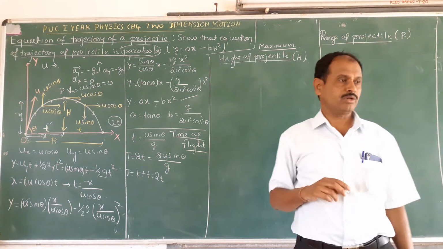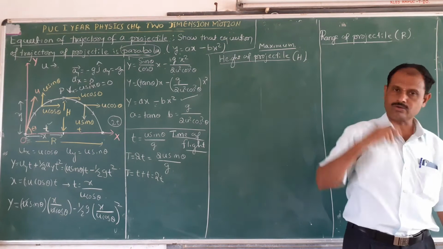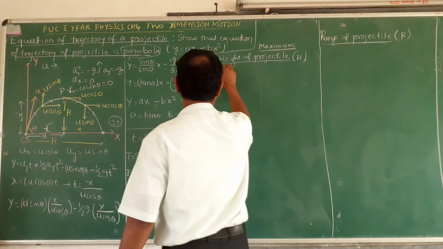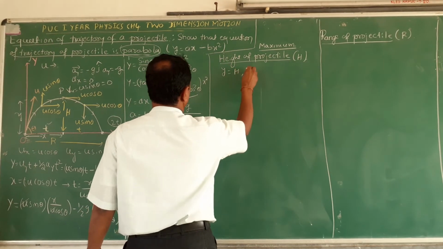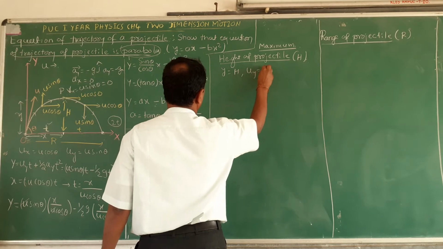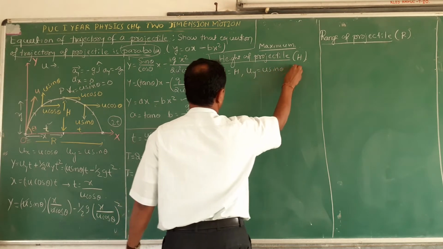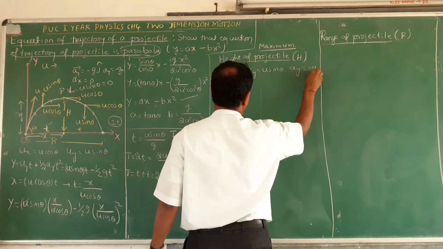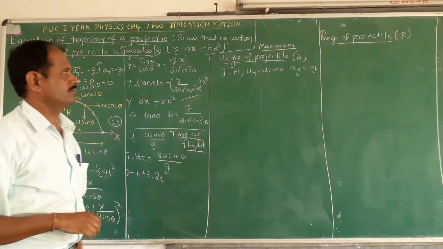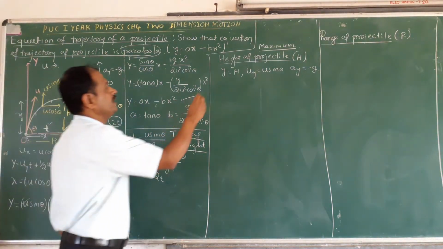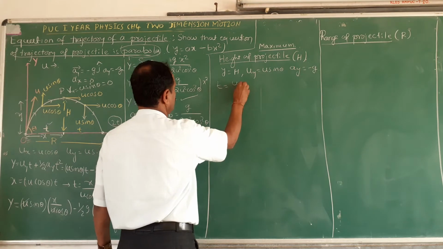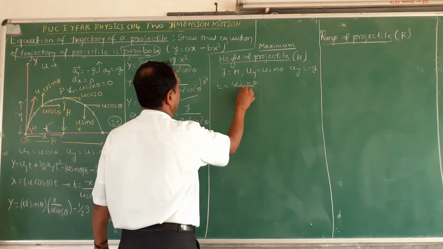That is y is equal to what you have to take here, h you have to take. Now, y you have to take here, h. u_y you have to take here, u sin theta. Yes, a_y you have to take here, minus g. Like that. t you have to take here, time for ascent, u sin theta divided by g.